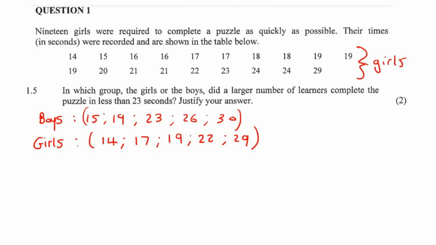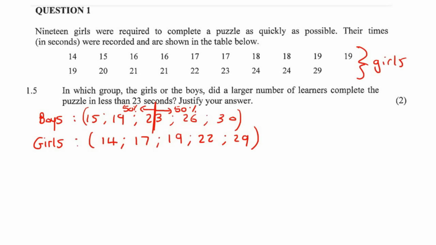So it says, in which group did a larger number of learners complete the puzzle in less than 23 seconds? Okay, so for the boys, we know that their median value is at 23. Remember the median is the number that divides everything in half. So that means 50% of the boys are that way, and 50% of the boys are that way.